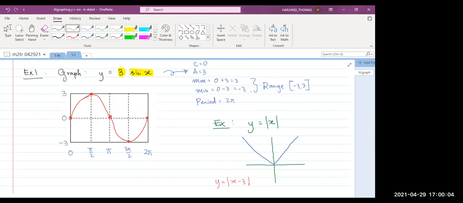Now, instead of saying move the graph 3 units to the right, how about we move the plane 3 units to the left? In other words, I will move this to the left 3 units. What do you think? I'm done, right?